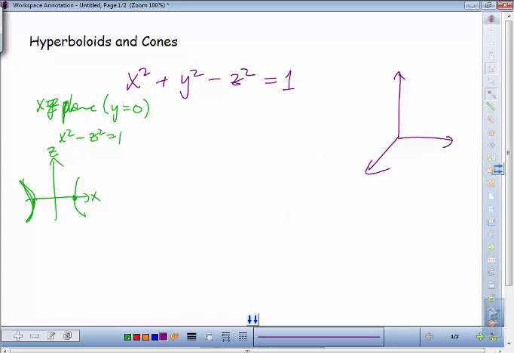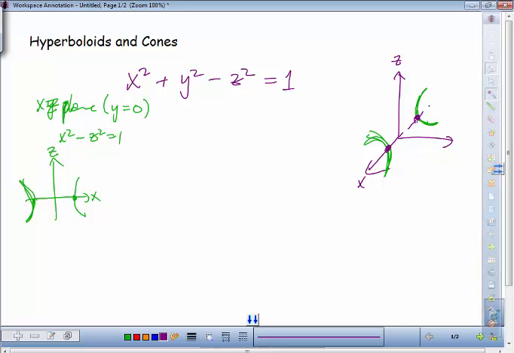In an attempt to draw this in 3D, I would get a little trace. It might look like that, hitting when x is equal to positive and negative 1, opening up sideways like that.